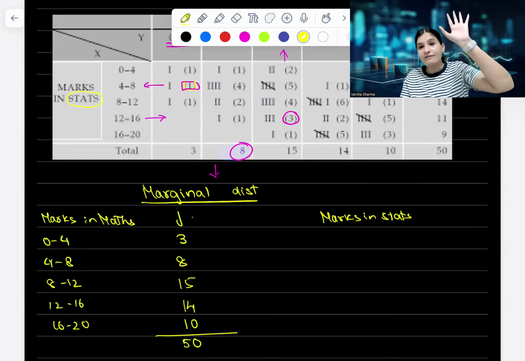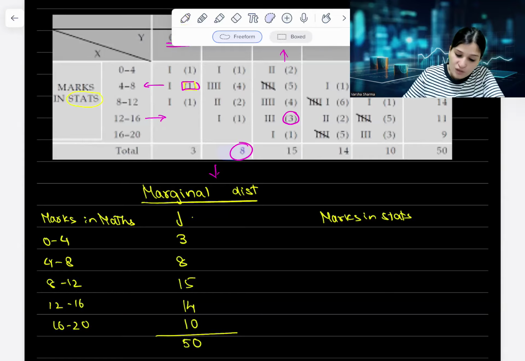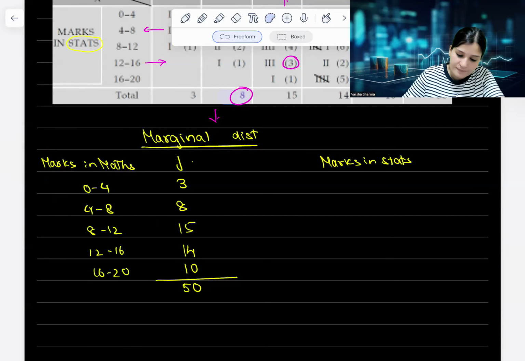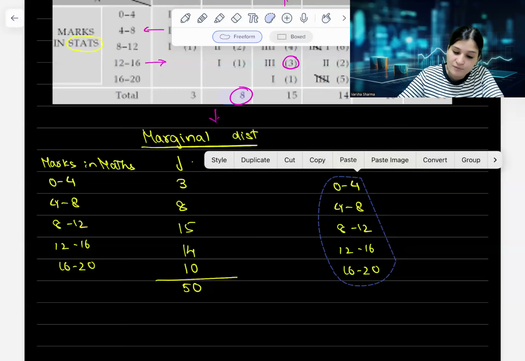So from a bivariate data, I have first constructed another one variable data. The variable is only maths. In the same way, I can also construct the data for stats. So for stats, we have the same columns.